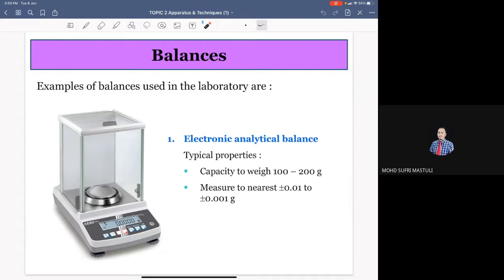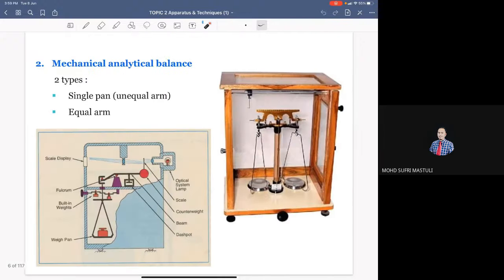This is the typical balance that we find in our lab. We also can have mechanical analytical balance. This is the more conventional balance. It can be single pan or it can be equal arm.